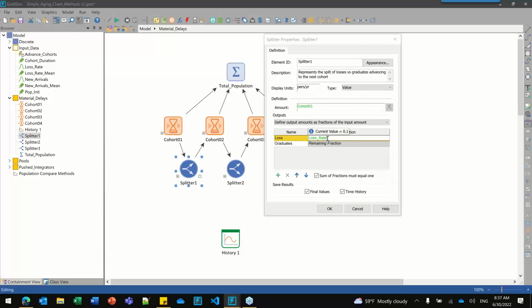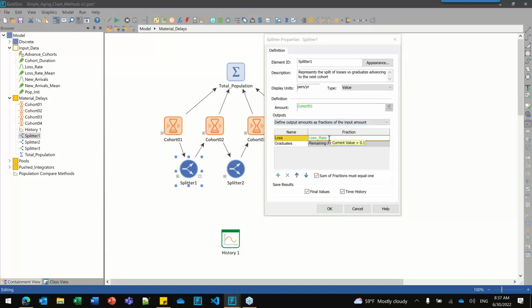Splitters work based on a fractional amount, but you can change that. You can define it as an amount instead of a fraction, but I think that would be more confusing because we are not talking about a flow rate here. We are talking about splitting a flow. And so I would say keep it to fractional. That would probably be the easiest to understand.